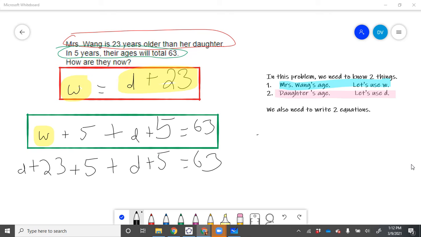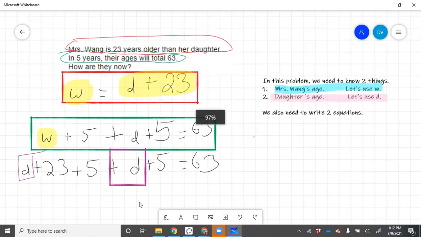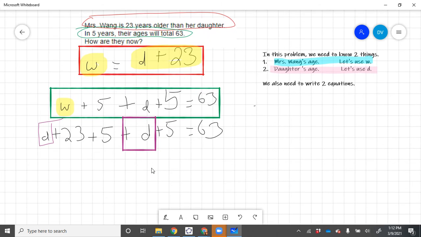So we're going to combine the like terms here. I'm going to combine a D plus another D. That's going to give me 2D. D plus D is just 2D.